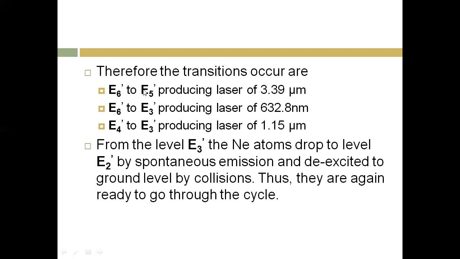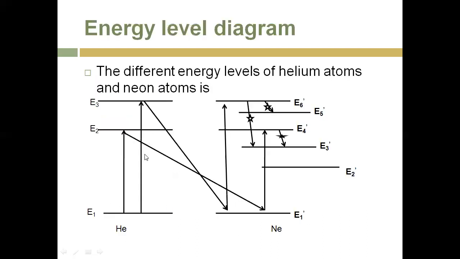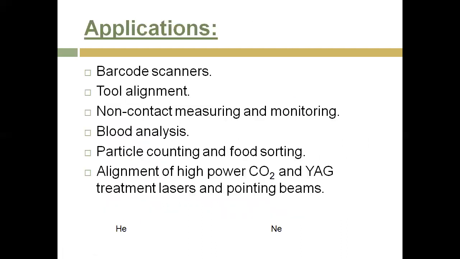Depending upon the transition, the output laser will have wavelengths of about 3.39 micrometers, 632.8 nanometers, and 1.15 micrometers. From the level E3, the neon atoms drop to E2 by spontaneous emission, and they get de-excited to the ground state by collisions. Thus, they are again ready for the cycle. Hence, a continuous output of laser is released by the helium neon laser.